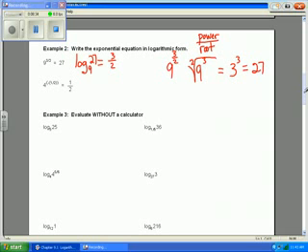So let me say that again. 9 to the 3/2, 3 is your power, and 2 is your root, which is, of course, a square root. I didn't have to have this 2 written right here. But I would take the root first because I'd get it smaller before I cube it. And the square root of 9 is 3. And 3 cubed is how I get 27.